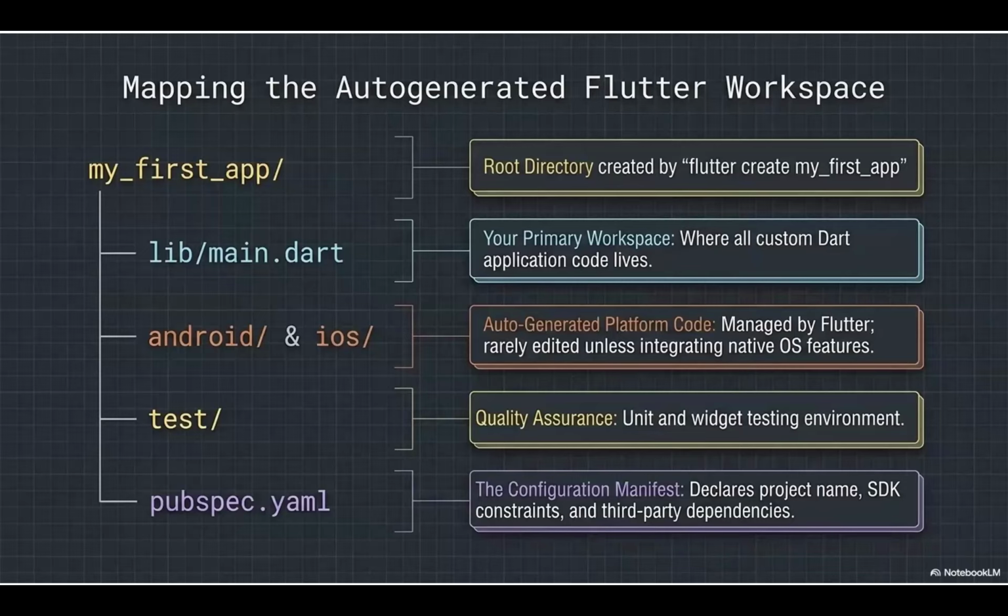And then number two, we have the lib folder, which has our main.dart file. This is where all custom Dart application code lives. I've told you this is what creates the foundation of our application. And then we have the Android and iOS folders.